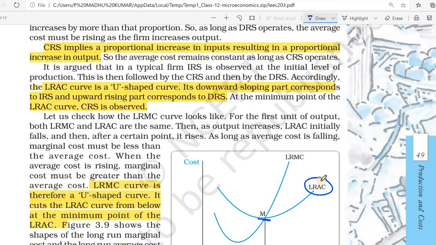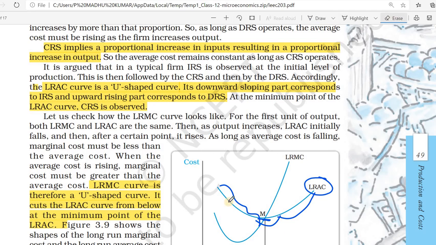Where the average cost curve is decreasing, there it is increasing returns to scale, and where it is rising, there it is decreasing returns to scale. In this curve, this is the increasing returns to scale, this area is the constant returns to scale, and this area is the decreasing returns to scale.